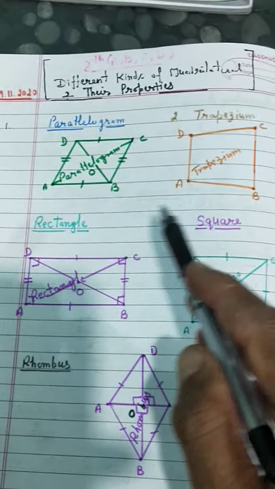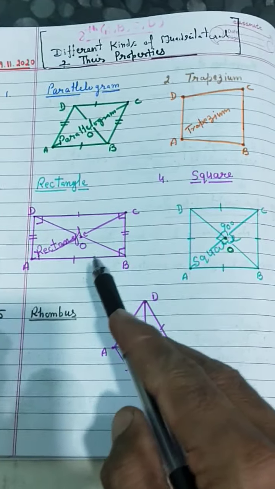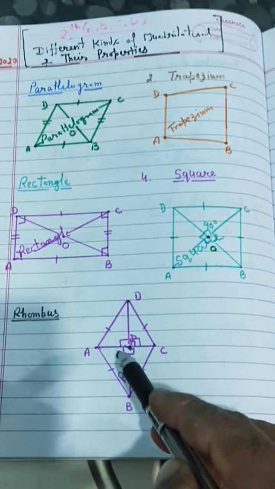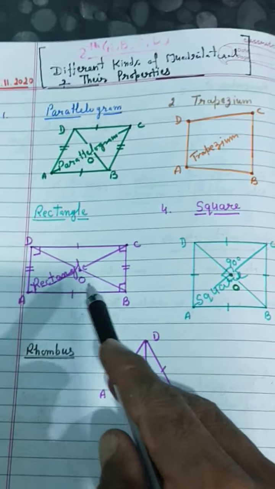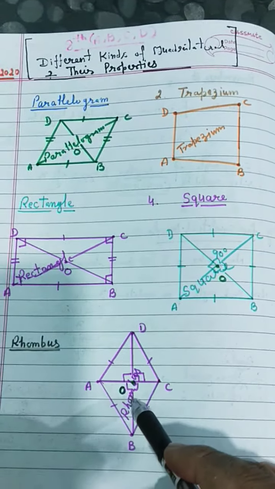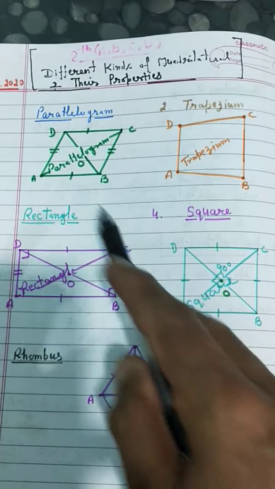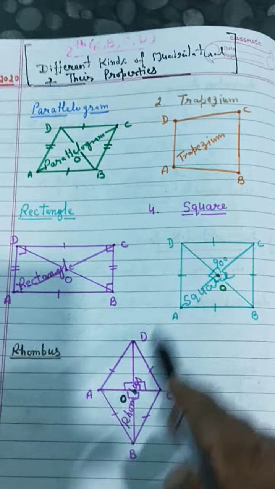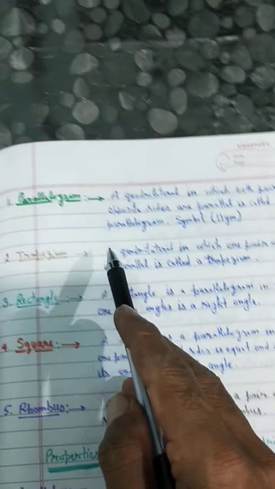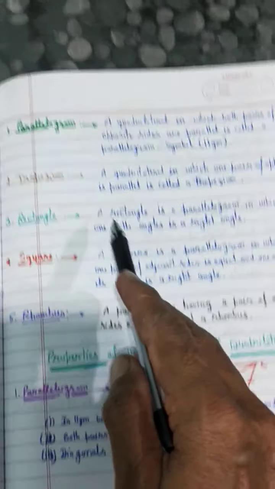Now, first, how can we define parallelogram, trapezium, rectangle, square, rhombus. This is rectangle, parallelogram and rhombus. They all cover the properties of parallelogram because all are parallelograms. First I go for a parallelogram.